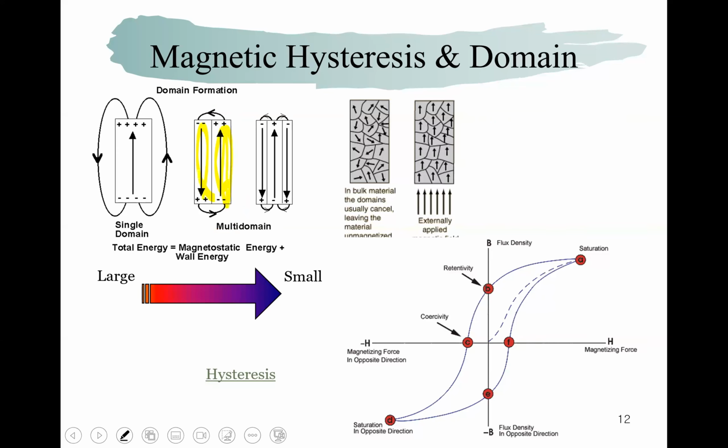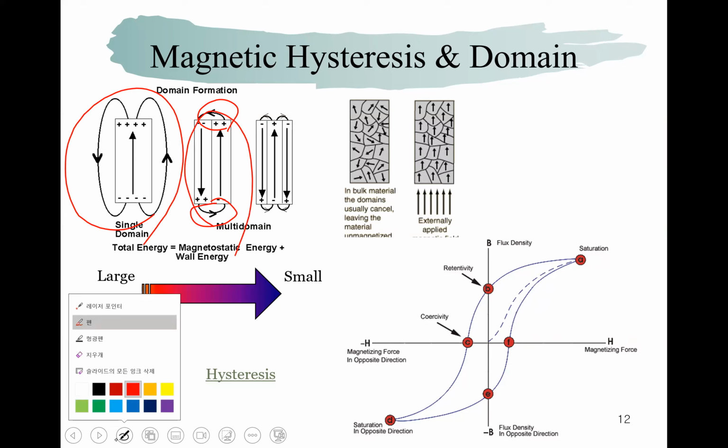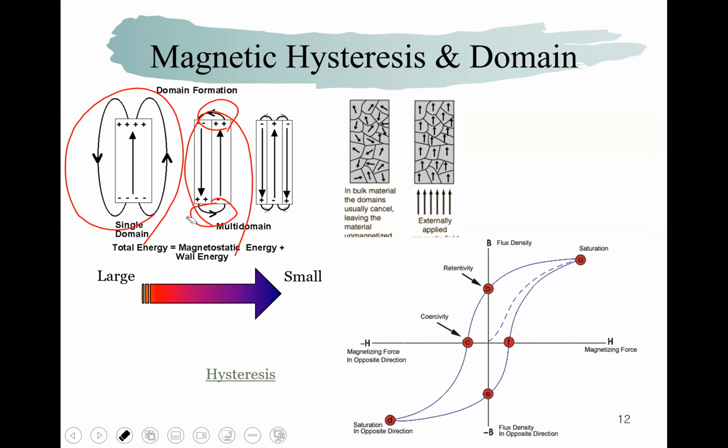this is the up domain, this is the down domain, then the stray field from outside of the sample exists only in this small area compared to the left-hand side. So in this case, the magnetostatic energy generated by the stray field is much, much smaller than the left-hand side.